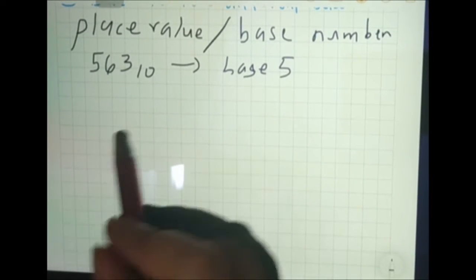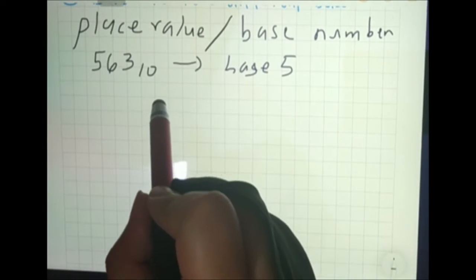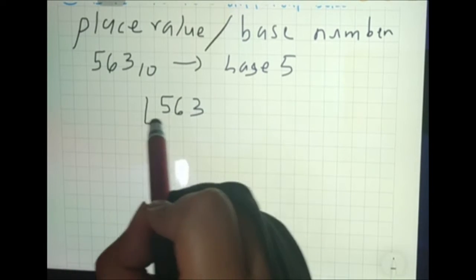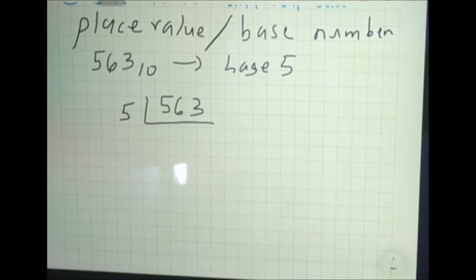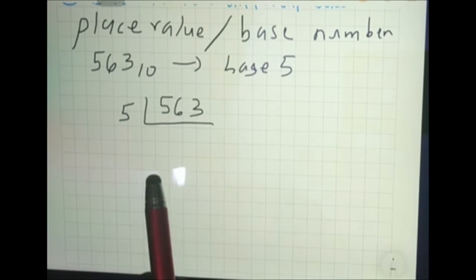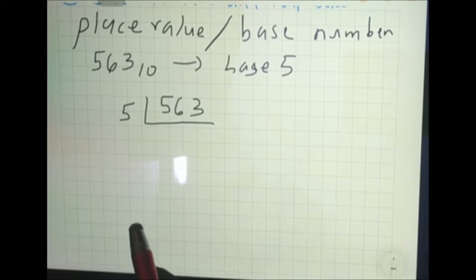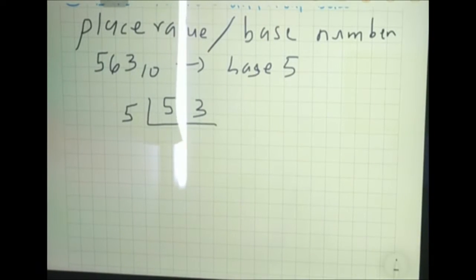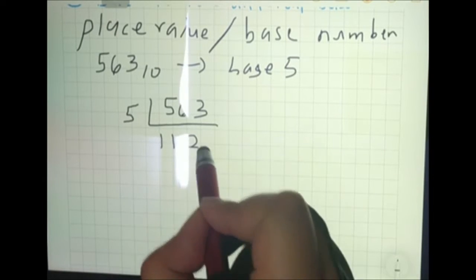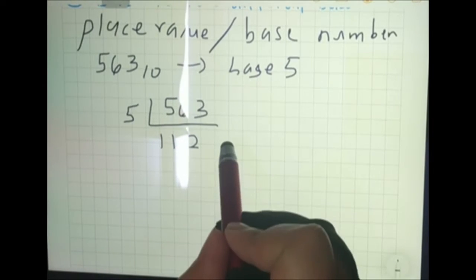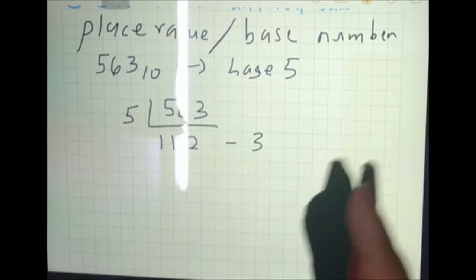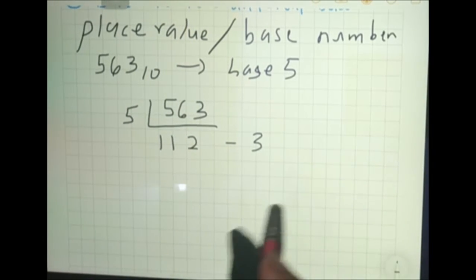So 563, to divide it with base number, we simply write 563 divided by 5, and we will get 112, and the remainder is 3. So we write it at the side of it.